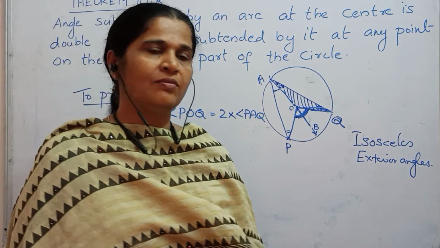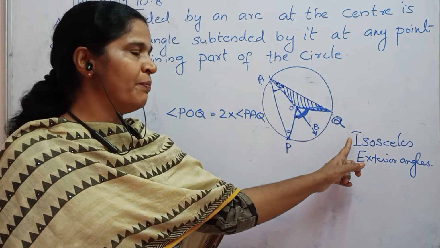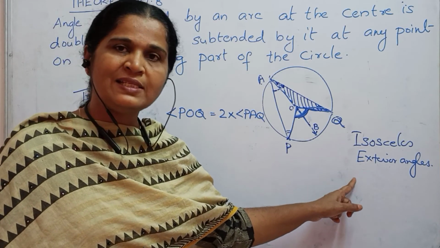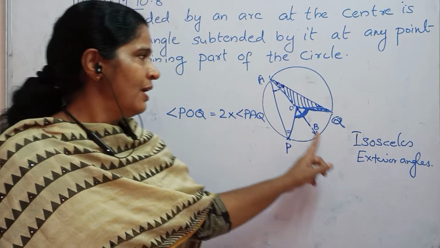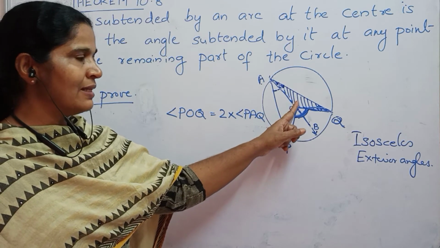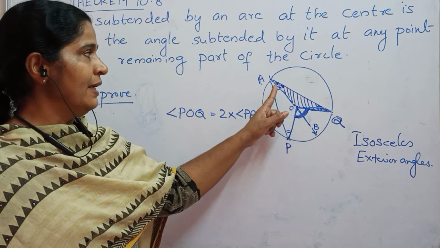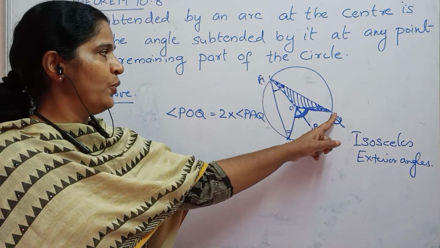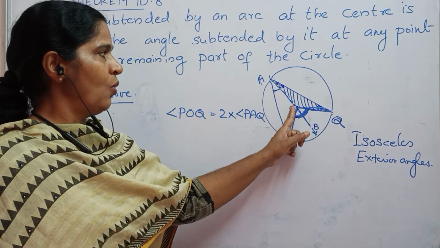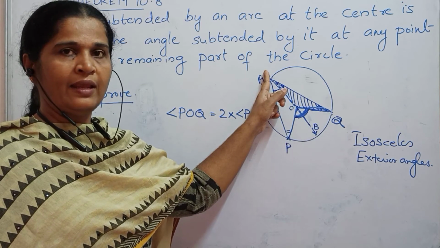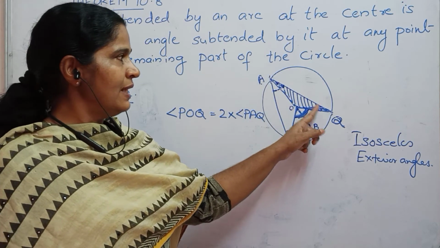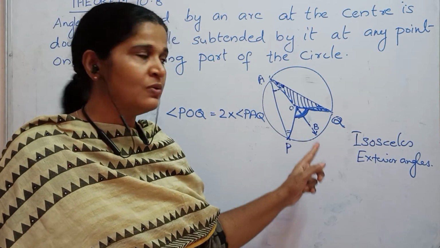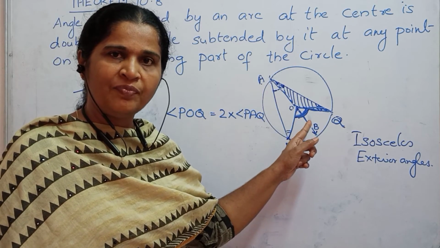In this proof, we are using 2 properties of triangles: the isosceles triangle property and the exterior angle property. In this right side triangle, the shaded one, you can see there is an angle AOQ and OQA.